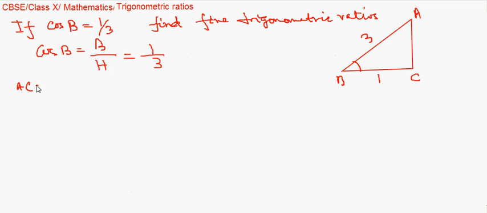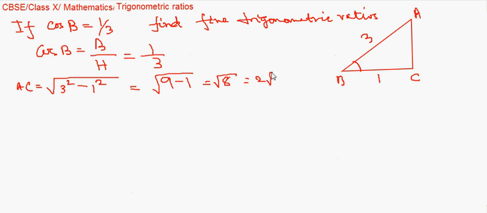AC will be root over 3 square minus 1 square, that is 9 minus 1, root over 8, which can also be represented as 2 root 2. That means this is 2 root 2. Now you have got all the 3 sides like AB, BC, AC. Then you can continue as we did for the previous 2 questions.